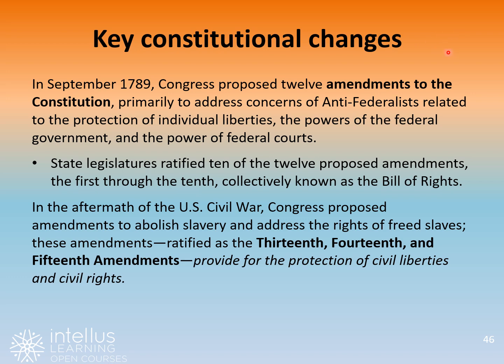But in September 1789, Congress proposed 12 amendments to the Constitution, which primarily addressed the concerns of the Anti-Federalists around the civil liberties debate. It's worth noting that state legislatures ratified 10 of the 12 proposed amendments, and those first 10 amendments are known as the Bill of Rights.